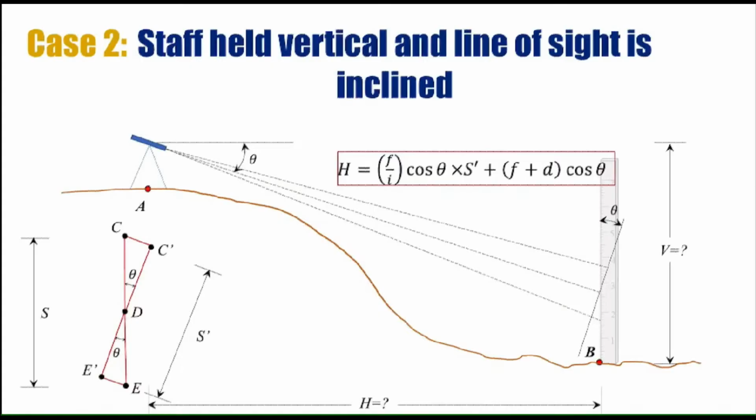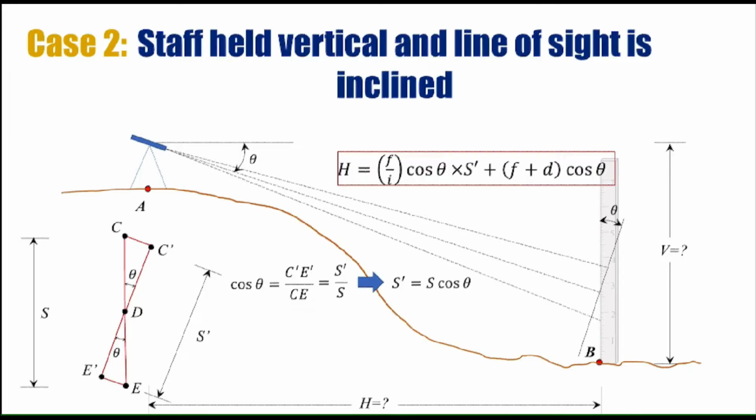So again we use the trigonometric relationship that contains base and hypotenuse, and again that is cos theta. So cos theta is equal to C dash E dash over CE. We know that C dash E dash is s dash and CE is s, so replacing them, we ultimately have the relationship between s dash and s, that is s dash is equal to s cos theta.